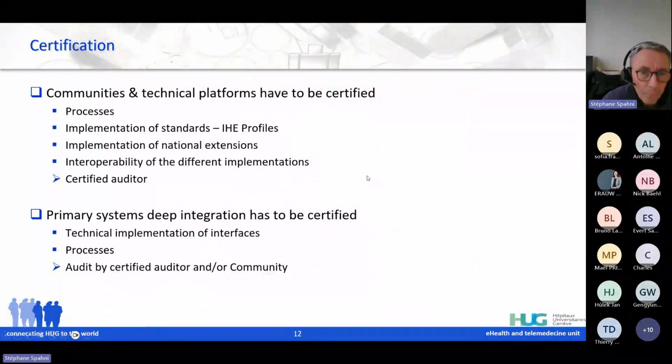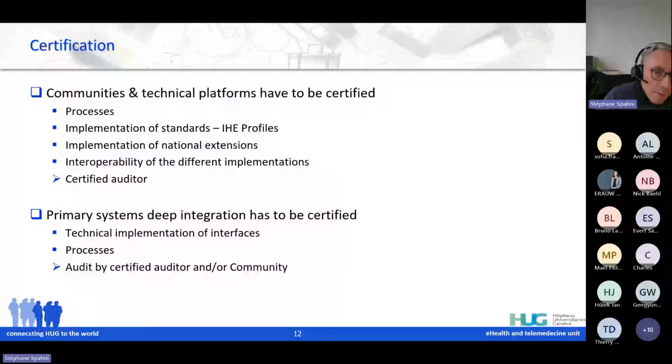Every community, every technical platform has to be certified. The processes, the implementation of the standards, the implementation of national extensions, and of course the interoperability between the different implementations. All that has to be certified by a certified auditor.